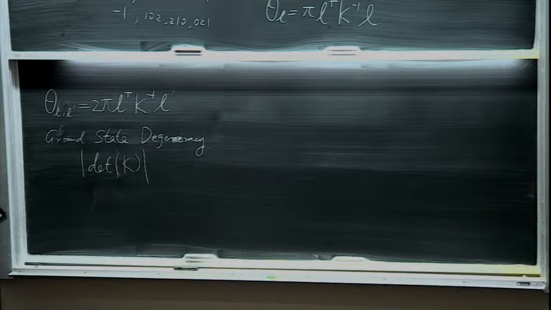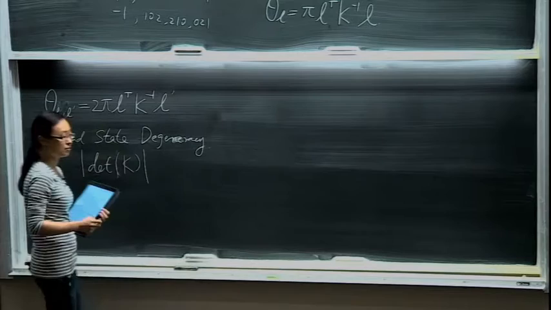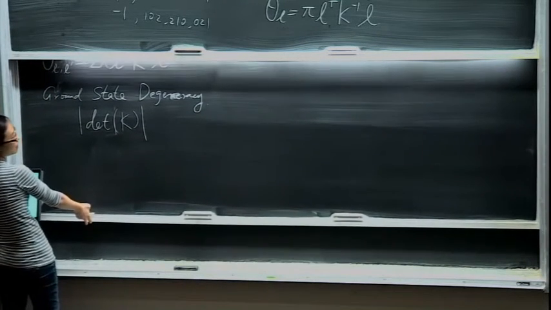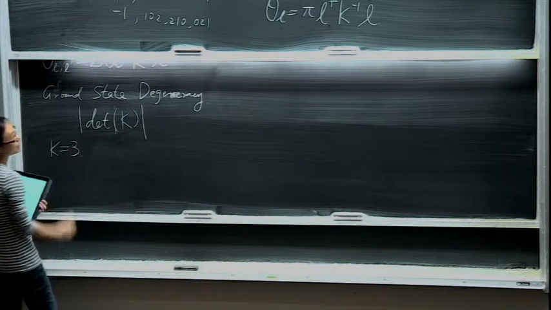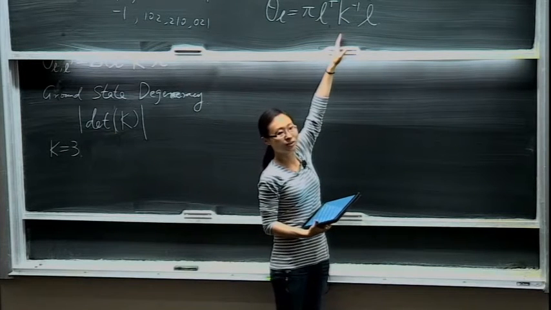So if K is equal to 1, it's the integer quantum Hall without fractionalization. But in general, we can have K be larger than 1, right? Let's say K is equal to 3. Then what happens is that this K inverse becomes 1 over 3.